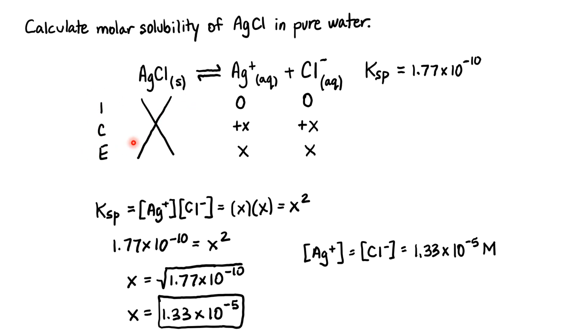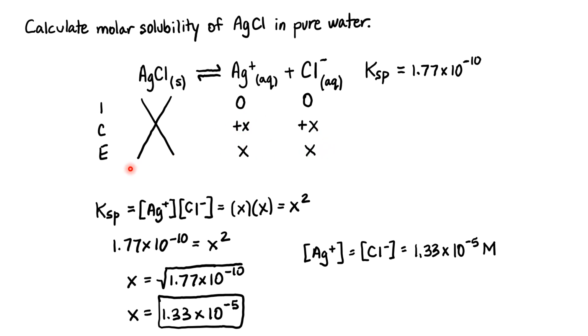Because an ice table is going to tell us the change. You're starting initially at zero concentration of each of these positive and negative ions. But then at some point, some of this will dissolve into the positive and negative counterparts. And the question is how much? It's defined by this X value.